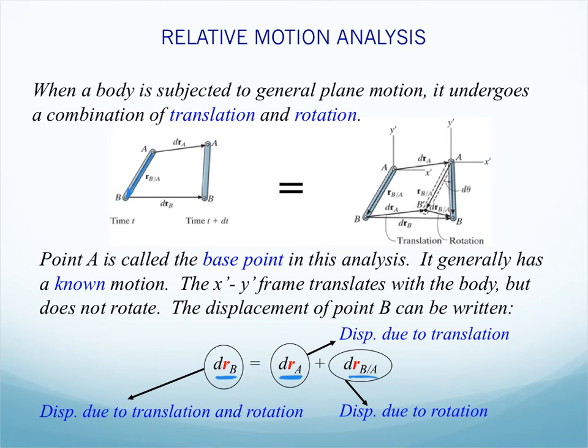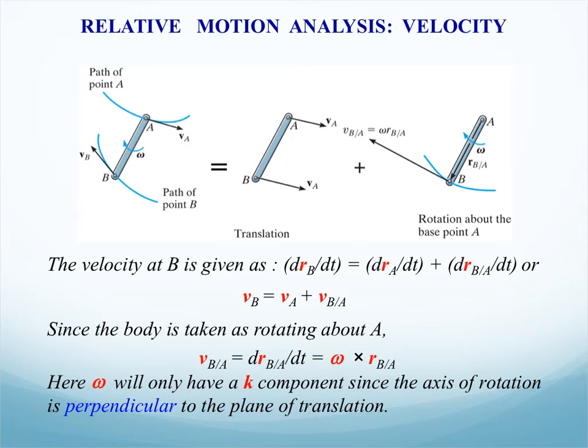Now we're going to use the result that we found in the last chapter, but again, just another thing to think about is here, point A, we see it moving with some velocity, but the bar AB is also rotating about point A. So thinking about that, as A moves and rotates, how are we going to talk about the motion of B?